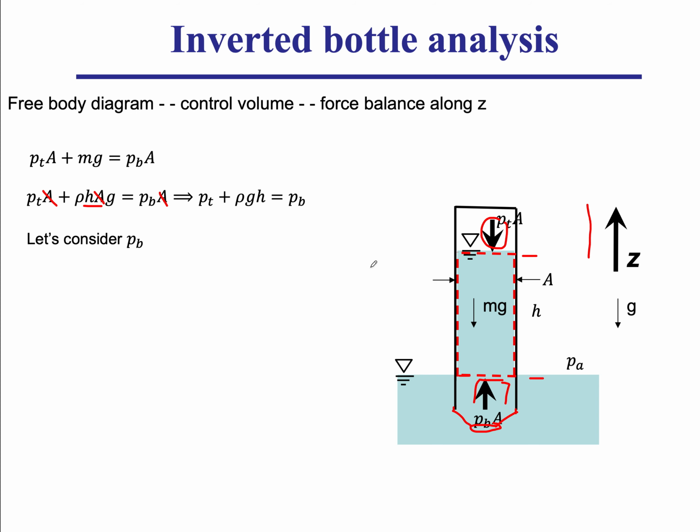And now let's look at the bottom pressure. What is this bottom pressure that we're looking at? Okay, so we all agree that the pressure along this line is P atmosphere. Let me take a horizontal line, so whether at this point it's P atmosphere or at this point it's P atmosphere. And let me take a line over here.